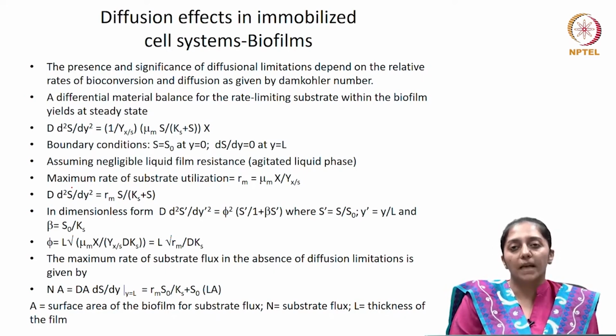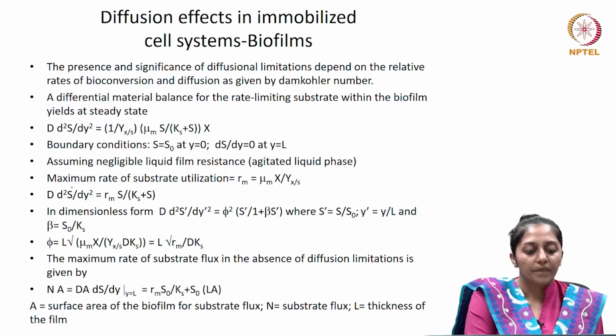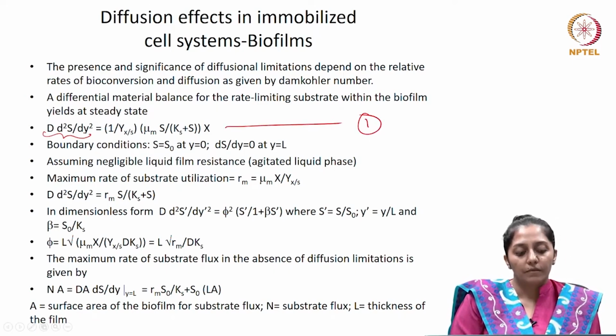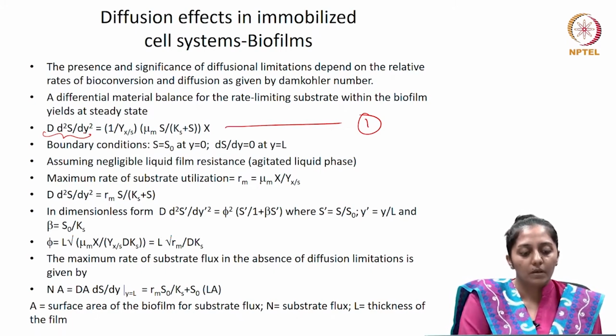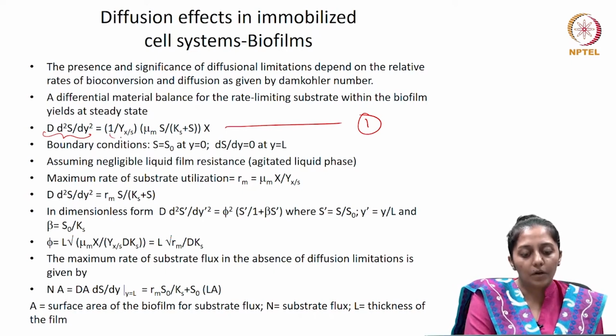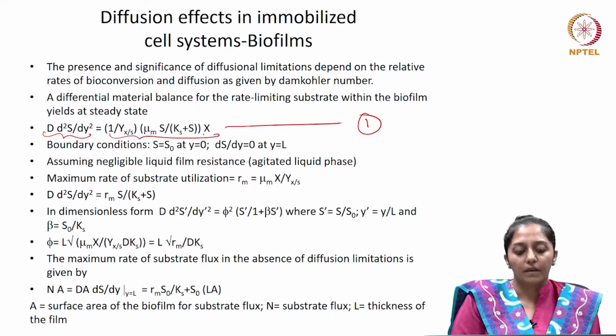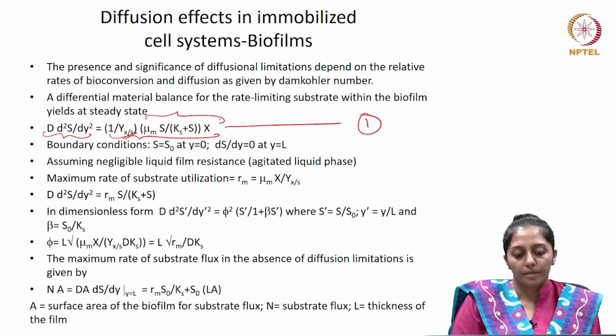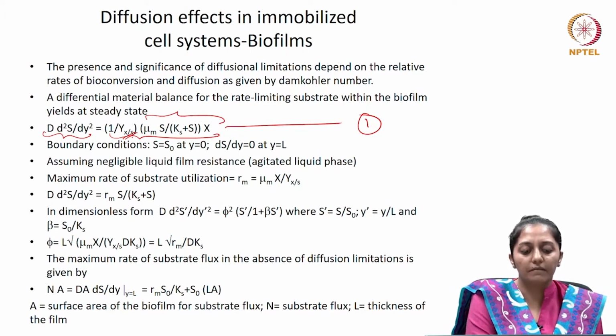So, if you do the material balance for the rate limiting substrate within this biofilm at steady state, you see equation 1 here, your LHS using Fick's second law of diffusion. So, this is your rate of substrate transfer, and your RHS is the rate of substrate consumed, where Yx/S is your yield of x by S, and this term is your Monod's model, which determines dx/dt when you divide it by the Yx/S term.